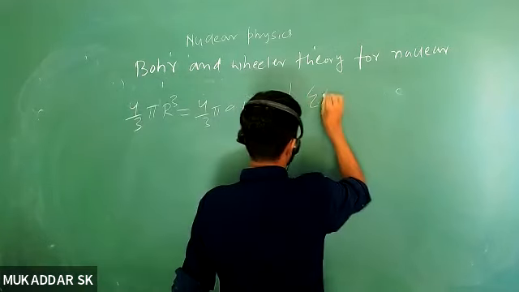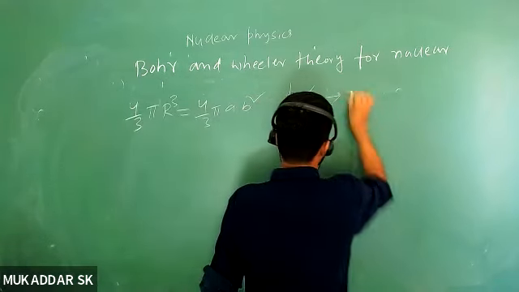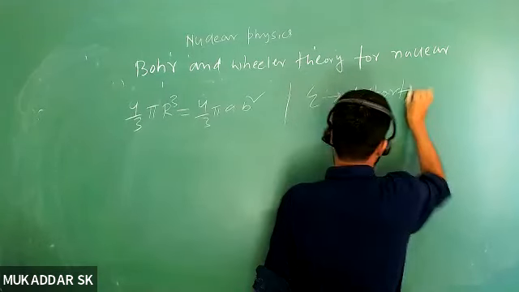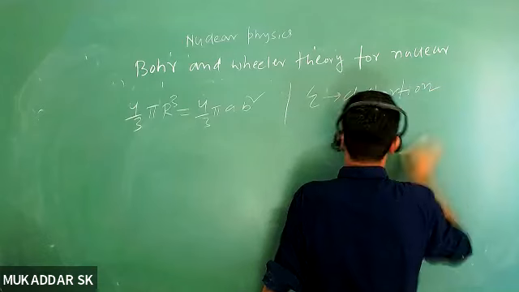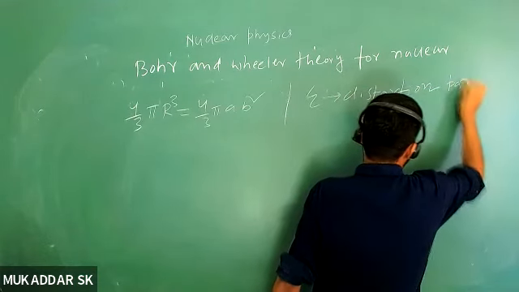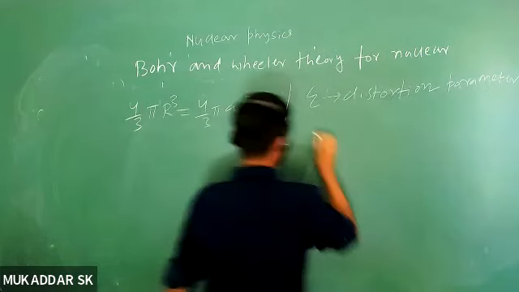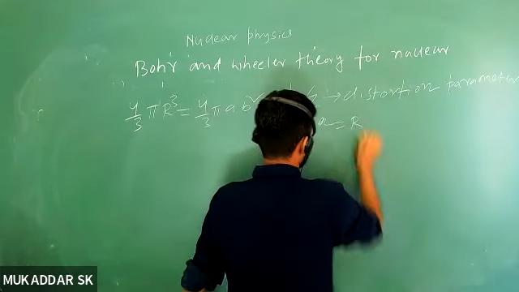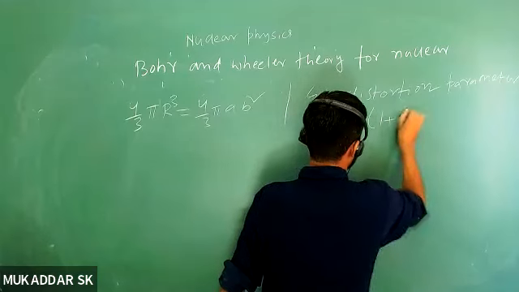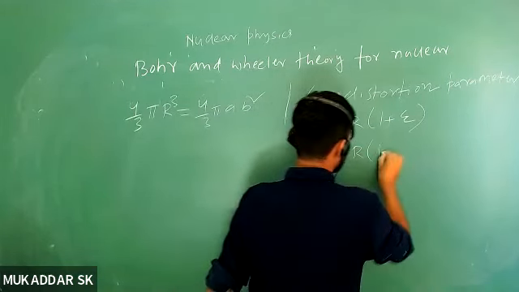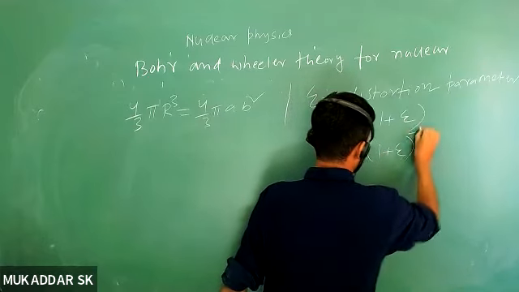So let us define epsilon as the distortion parameter. So a can be defined as R into 1 plus epsilon, and b can be written as R into 1 plus epsilon to the power minus half.